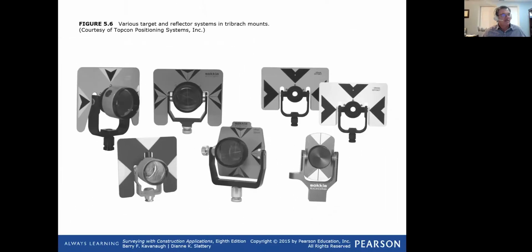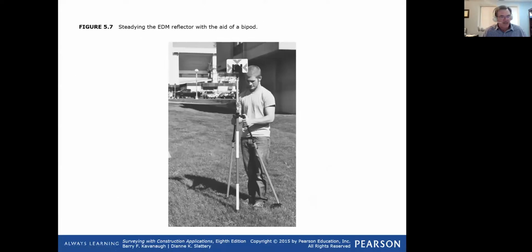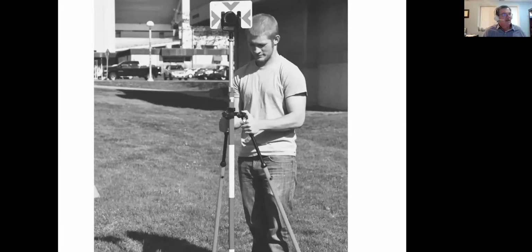So that's what prisms look like. They haven't changed much in technology. They've gotten a little more accurate and a little more consistent over the years. Here's the picture I was telling you about that's in your book. This is a person, he's got a bipod. This is 2 legs. You can see he's got his thumb right there on the buttons for the bipod.